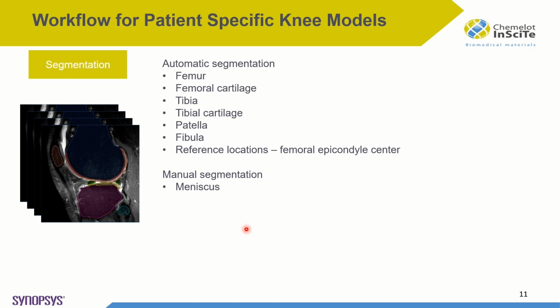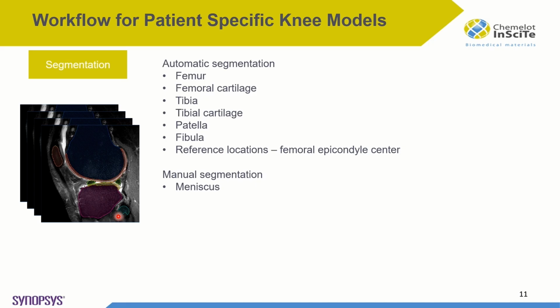The automatic segmentation toolbox of the Synopsys software generates the segmentation masks, as you can see here. These are mainly the patella, tibia, tibial cartilage, femoral cartilage, femur, and fibula.